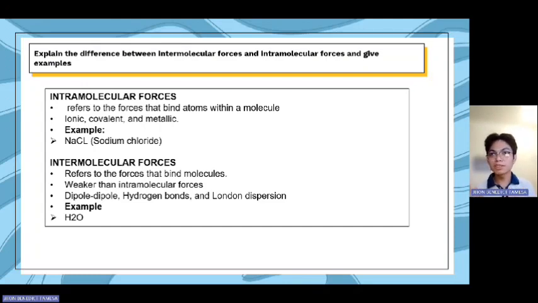Yung H2O po kasi, it is a type of or an example of hydrogen bond. Yung hydrogen bond po kasi is, it can only be formed when a hydrogen is shared or paired with fluorine, oxygen, and nitrogen. So here in our example, hydrogen is bonded to oxygen, which means that it is an example of hydrogen bond under intermolecular forces.